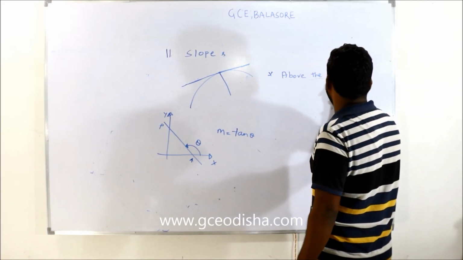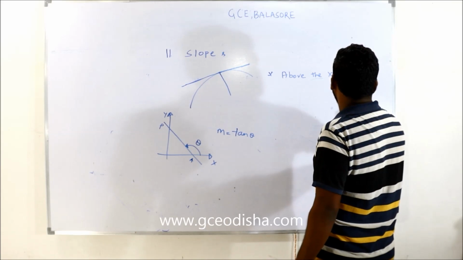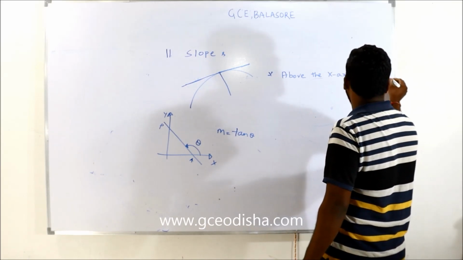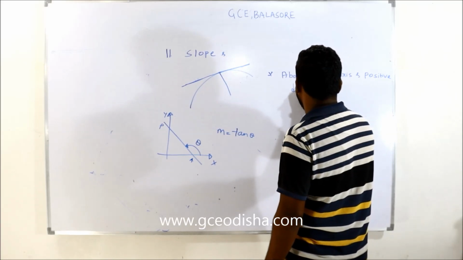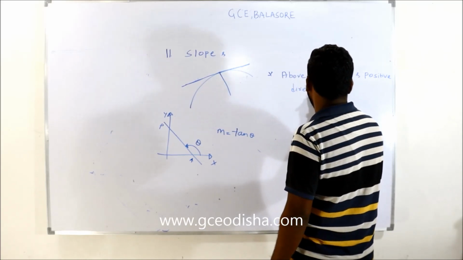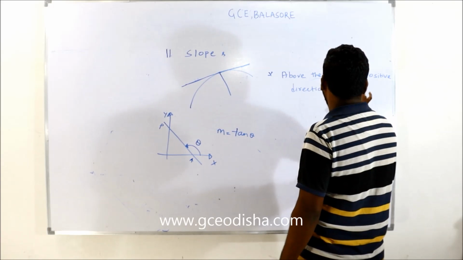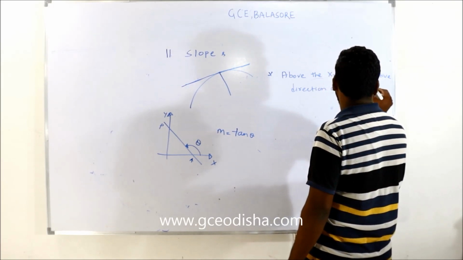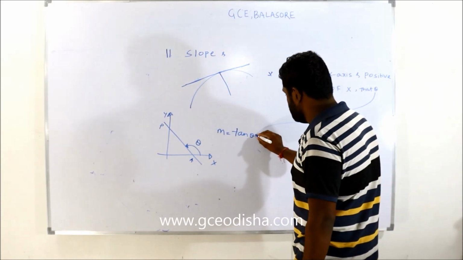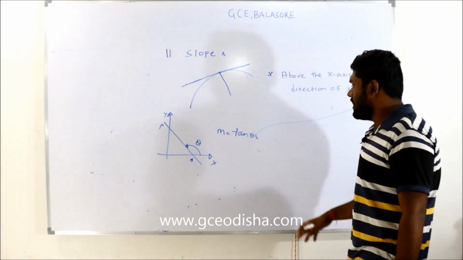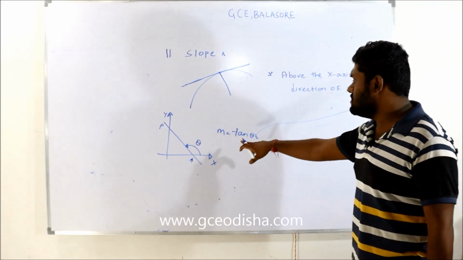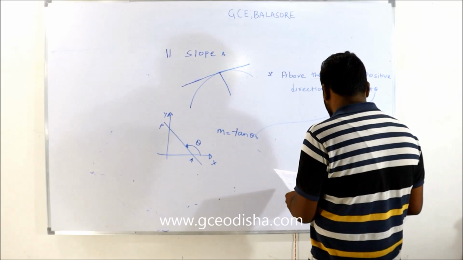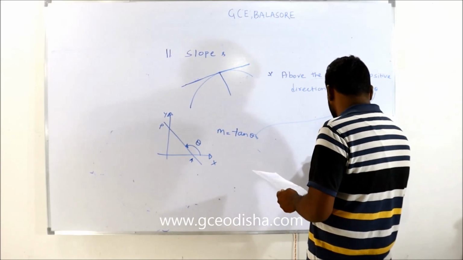That theta will turn out the slope as the tan function of theta, that is, slope m is equal to tan theta. Okay, I am giving another example.